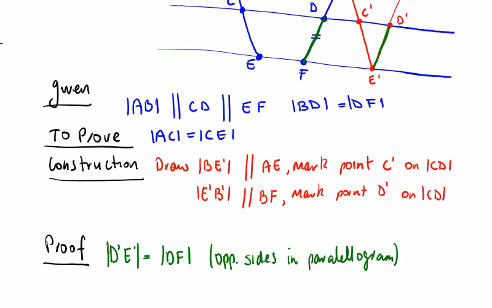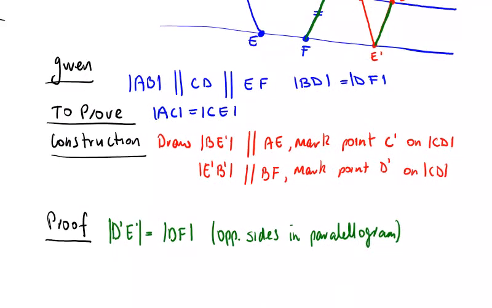And we know from up above that DF is equal to BD. So BD is equal to DF. Therefore D prime E prime has to be equal to BD as well.